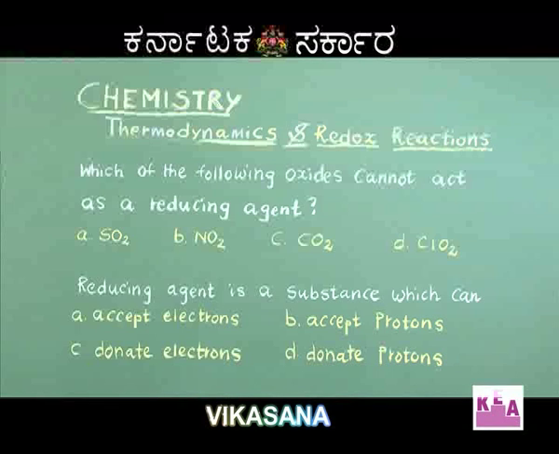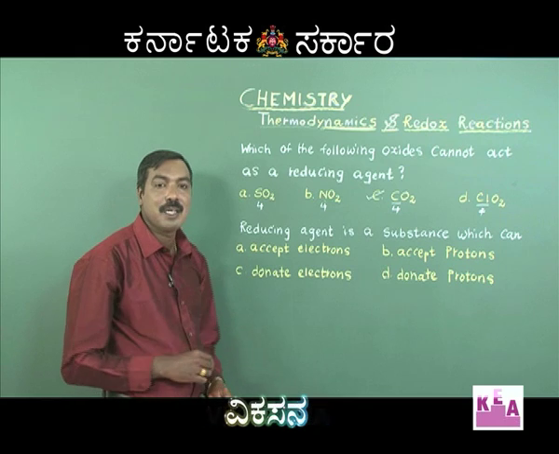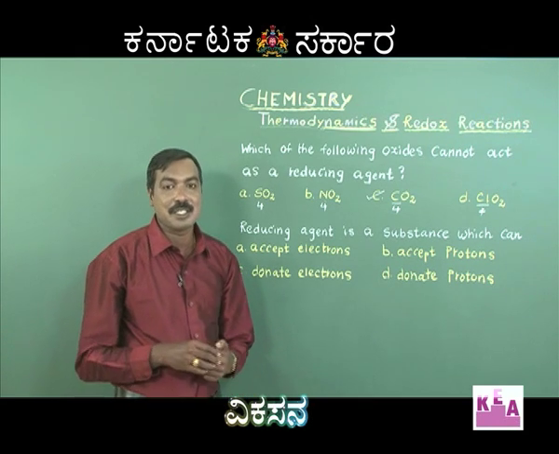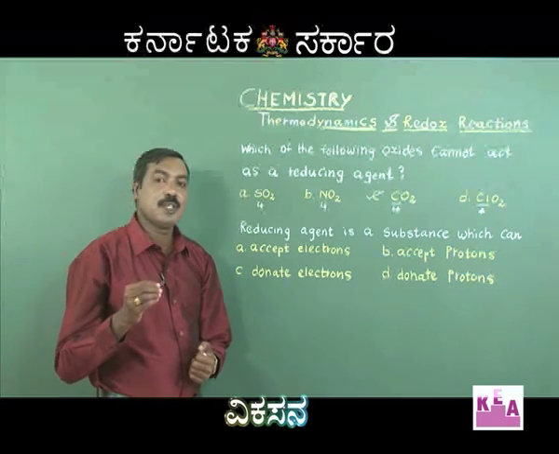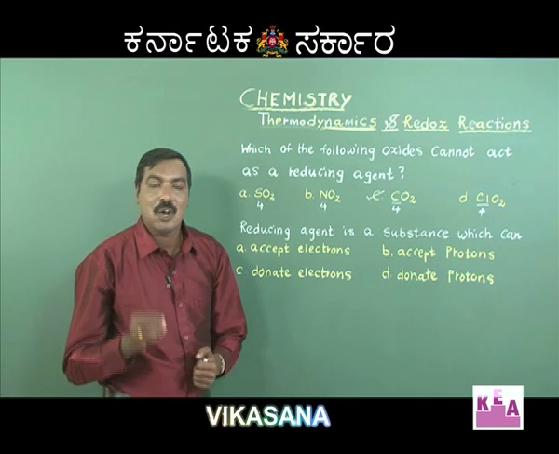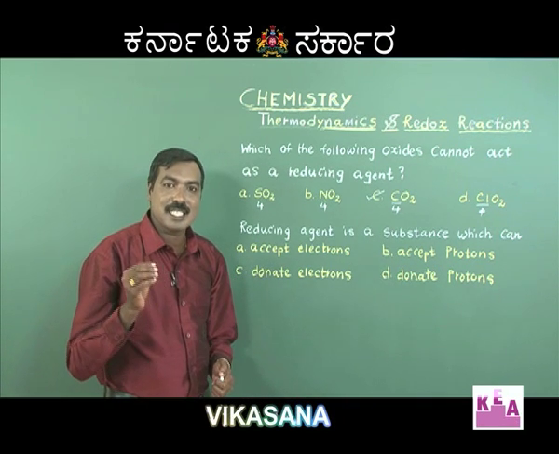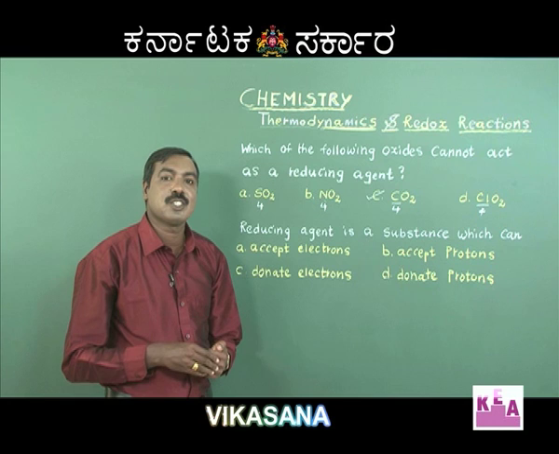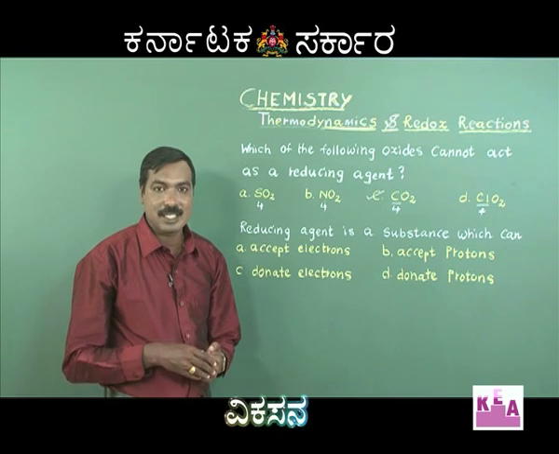Next question. A reducing agent is a substance which can: option A, accept electrons; option B, accept protons; option C, donate electrons; option D, donate protons. In this, first of all, what is the reducing agent? You know the term called oxidation. Oxidation is a process in which there is loss of electrons or gain in charge.